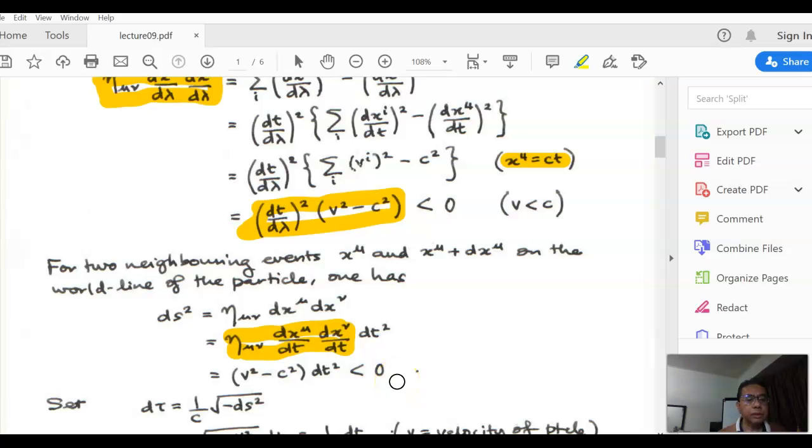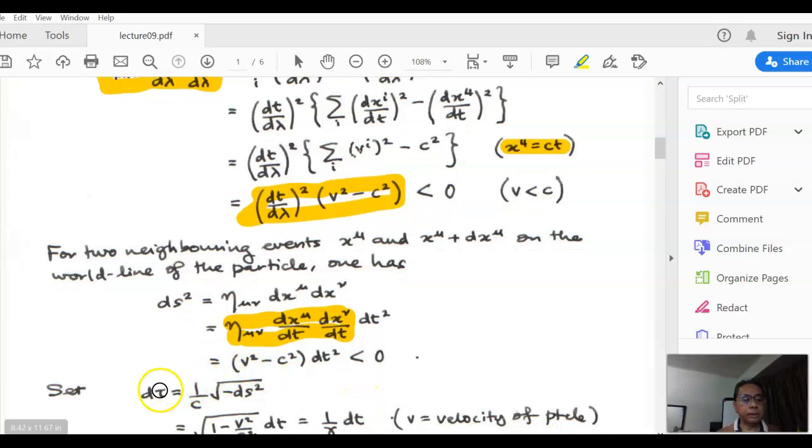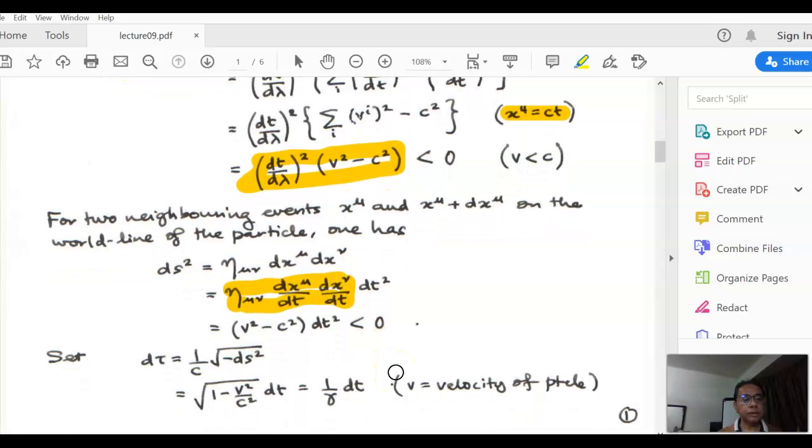But what can be done with this? Essentially, you can manipulate this relation to define a positive number. You just swap the terms around, and basically this gives you a negative ds squared. Take the square root of that and divide it by c, so that you get a temporal quantity, and call it dτ. dτ will be defined as the proper time.